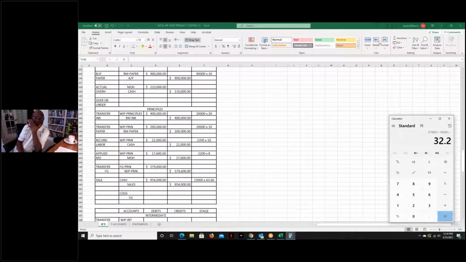And then to find the cost of goods sold, we would take the sales and times it by the actual unit cost. So it would be 15,000 times 32.2. I got 483,000.